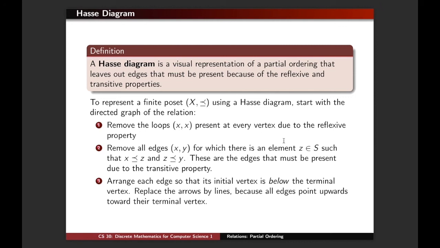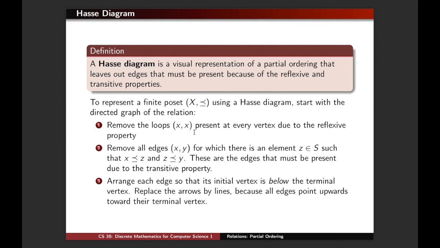Note here that the term vertex is used to represent the visual representation of an element in X. And the term edge is used to represent the connection between 2 vertices. Okay, so let's start with the first step. Remove loops.